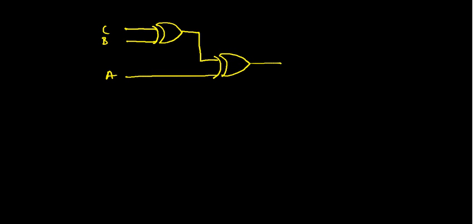So the output is A XOR B, XOR C, and then A, everything is the same. Even if I combine A and B first, you will get the same result. I can write here A, C and B, that's one and the same thing, just because they are associative. So I may write A, C and B. Is that okay?